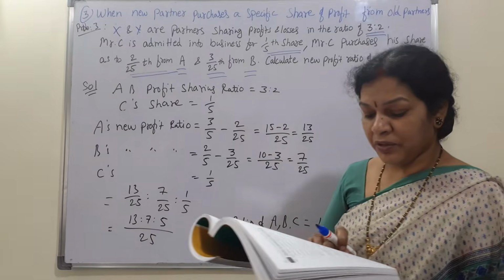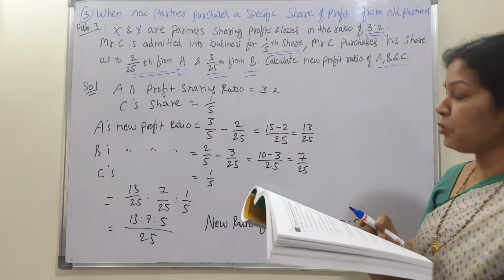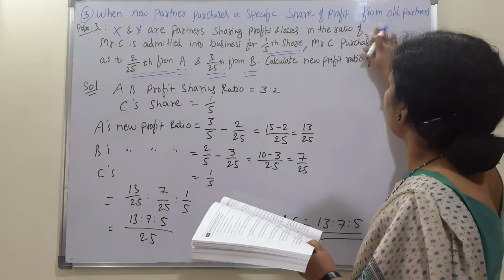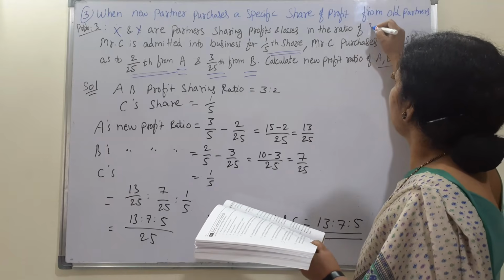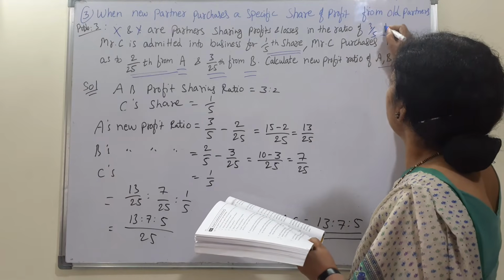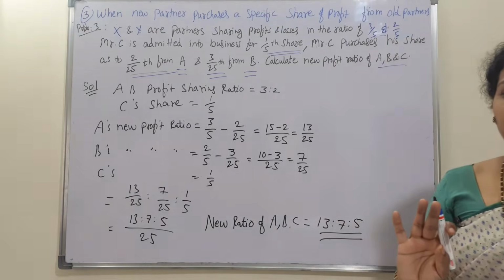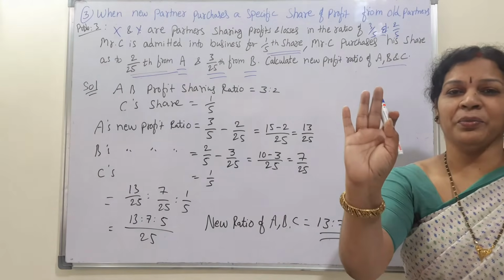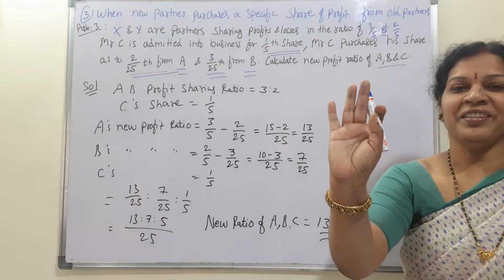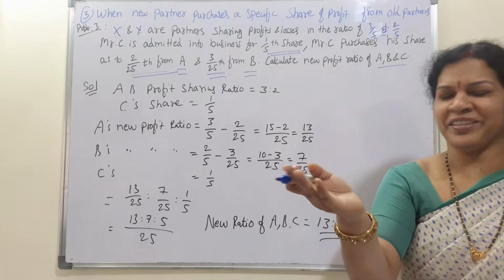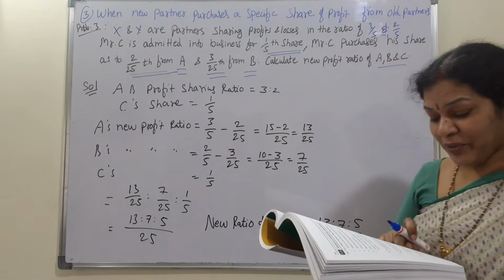X and y are partners sharing profits in the ratio of 3 by 5, 2 by 5. Means rather than 3:2, they are saying 3 by 5 and 2 by 5. Meaning is the same. Rather than saying this is my hand, we are saying this is my right hand. Same meaning.